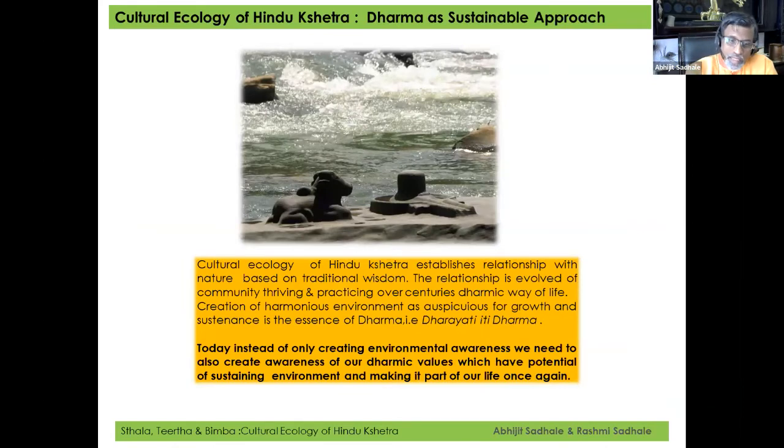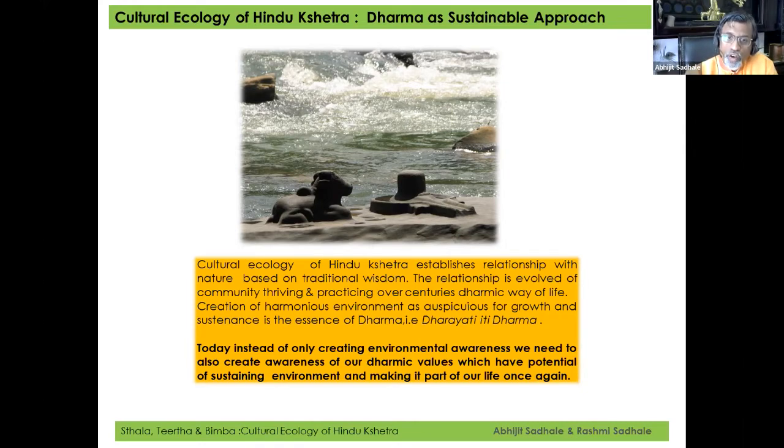So I come to my last slide. The cultural ecology of Hindu Kshetra establishes a relationship with nature which is based on traditional wisdom. It has evolved out of communities thriving, sustaining themselves, practicing over centuries, performing their dharmic, traditional way of life.